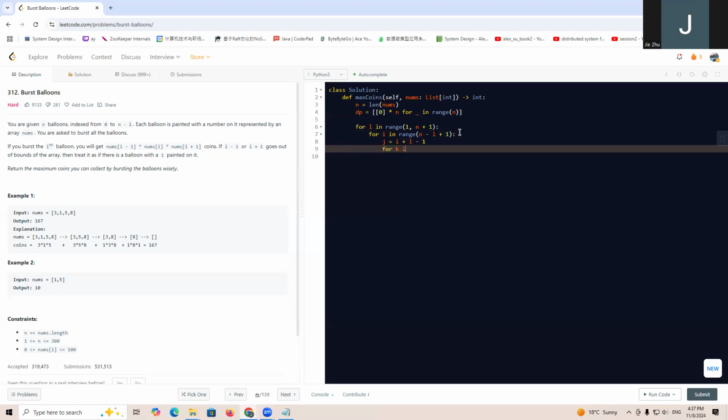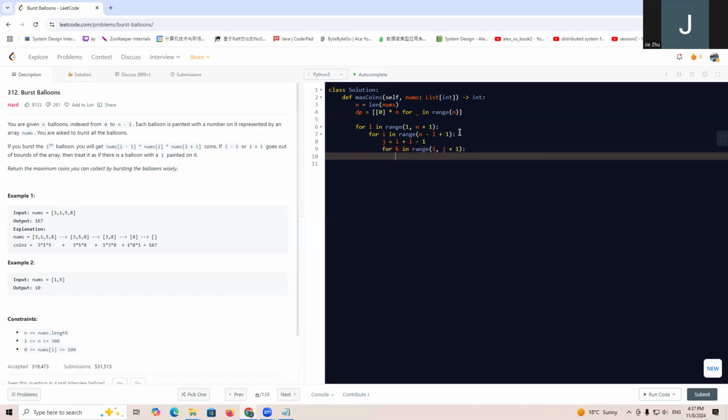So for k in range i to j plus 1, because we are using inclusive. Then we'll have current.